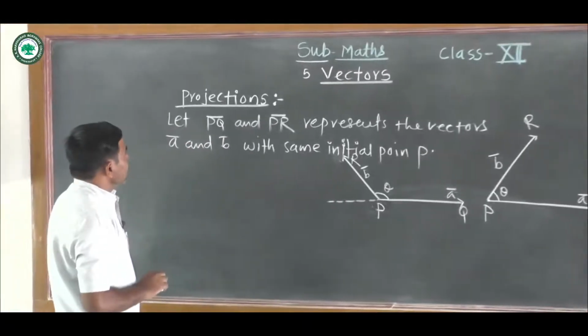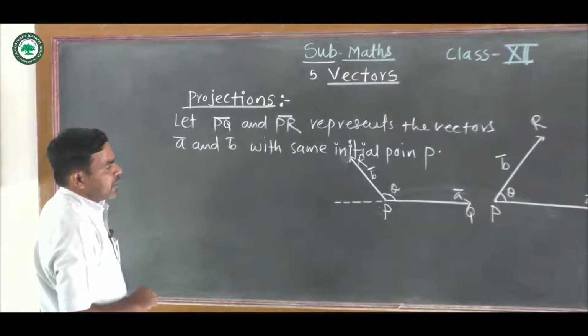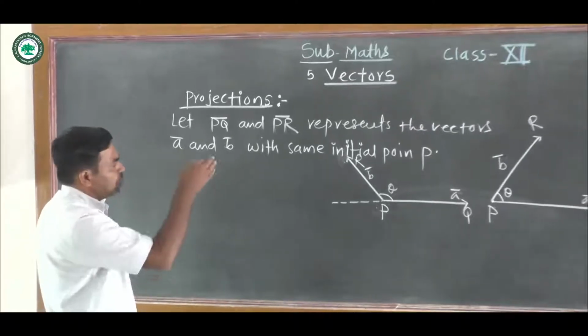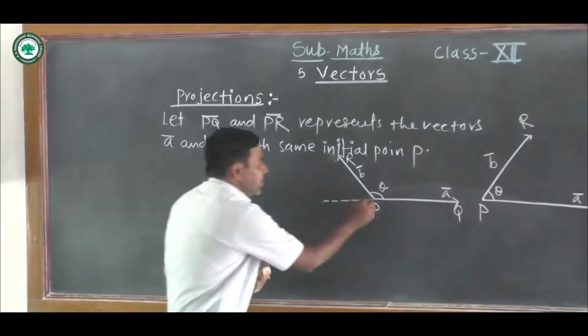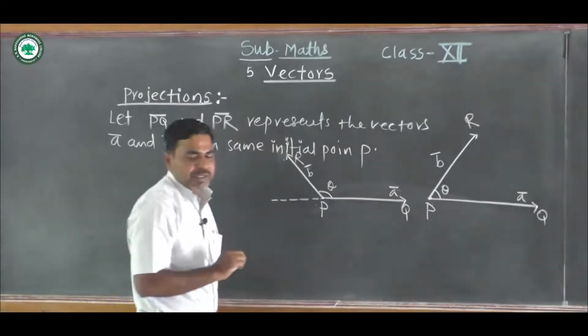Now see, PQ bar and PR bar represent two vectors A bar and B bar with the same initial point P, because here the initial point is the same. In this case also the initial point is the same.